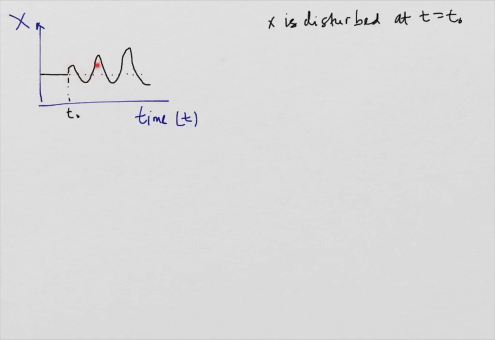This is the response of the system, and the value of X never returns to the steady state value. How about this system? This is an unstable system, because the value of X never returns to the steady state value by itself.